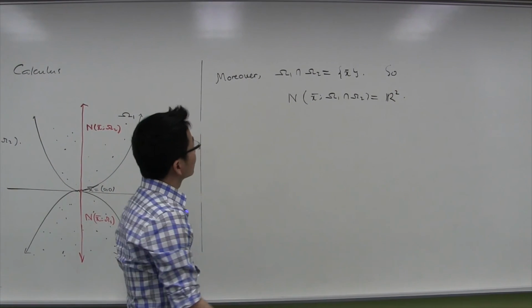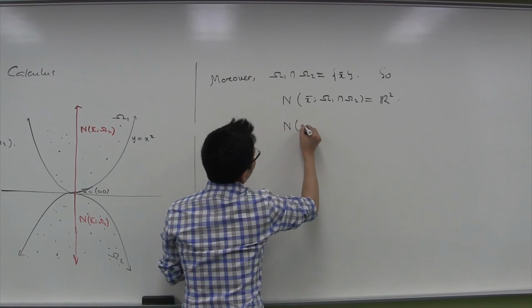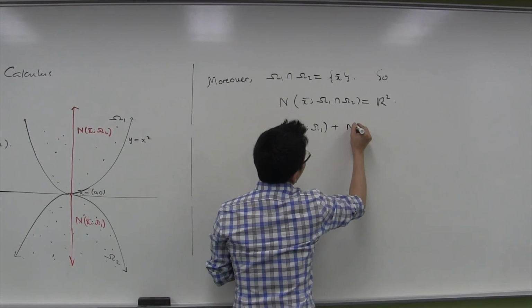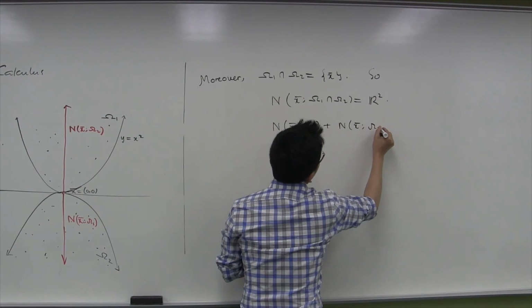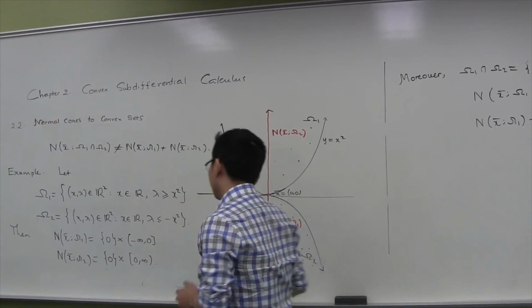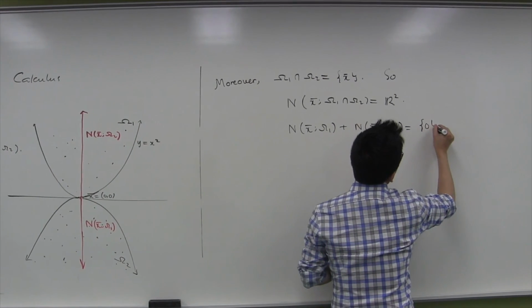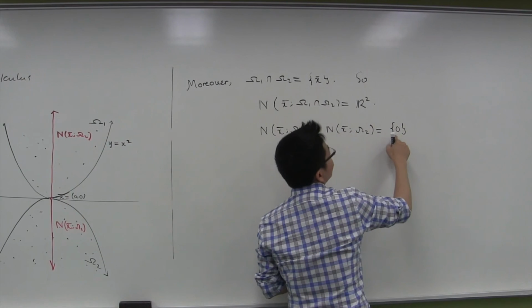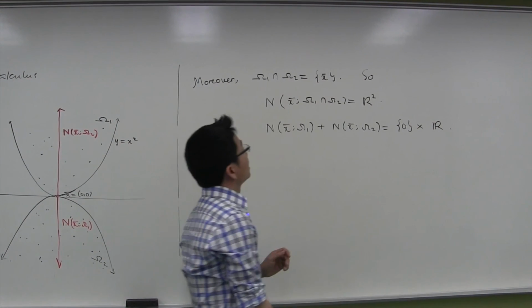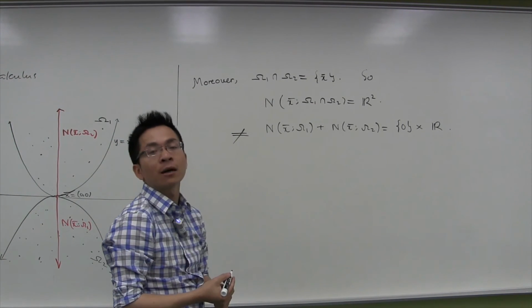And observe that if we compute the sum of the normal cone to the set omega 1 at x bar and the normal cone to the set omega 2 at x bar, it is equal to the Cartesian product of the singleton set 0 and R. Therefore, here this equality is not satisfied.